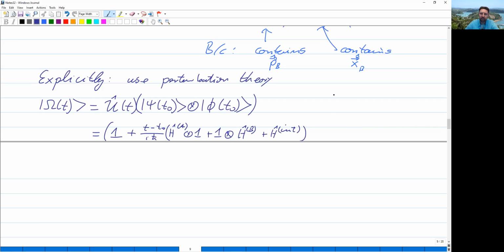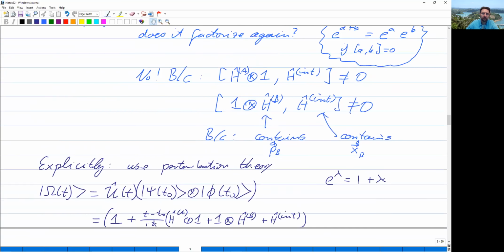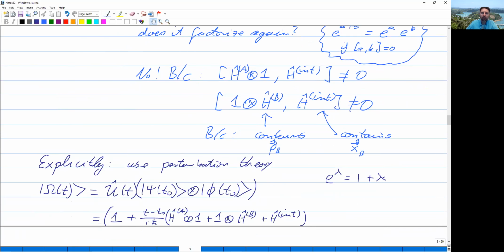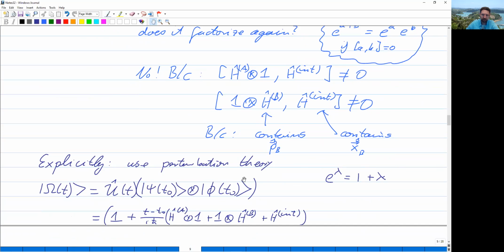You see what I'm doing here? I'm saying that e to the power of lambda is equal to 1 plus lambda, and that's what I wrote down so far. You know, e to the power of the Hamiltonian here, e to the power of this is 1 plus this, lambda, plus 1/2 lambda squared plus dot dot dot.